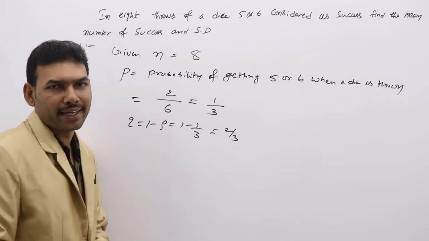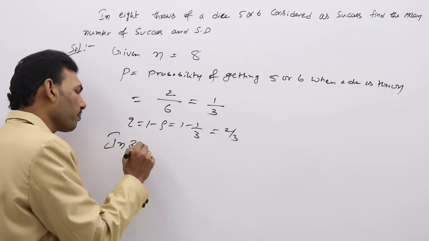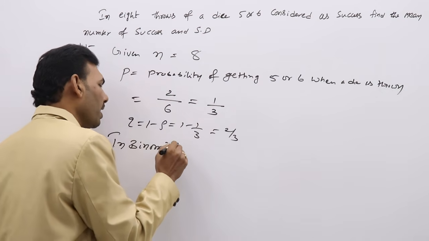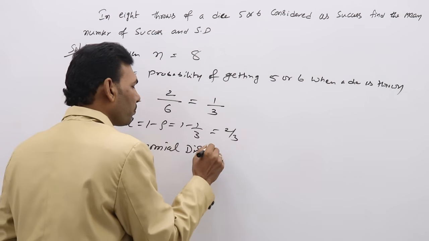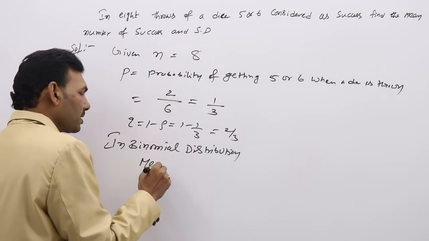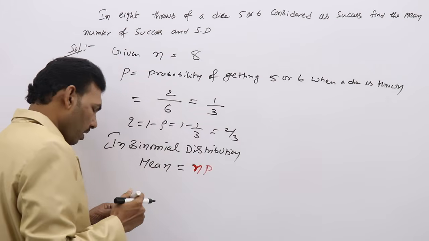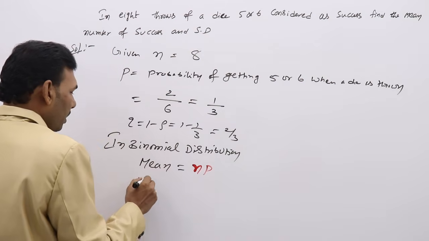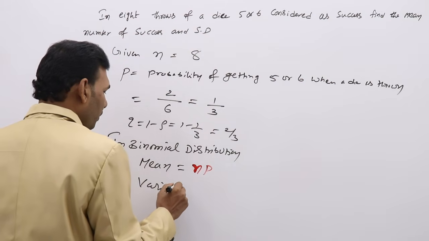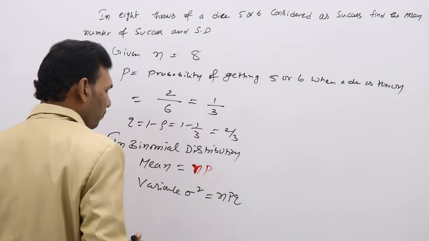Now we have P and Q, we can easily calculate mean and variance. In binomial distribution, mean is NP. Variance means sigma square is NPQ.